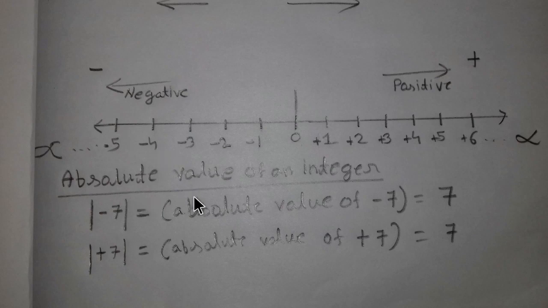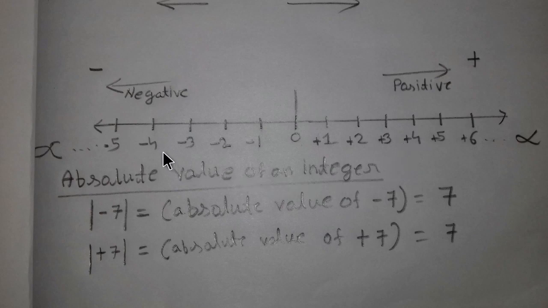Next comes the absolute value. Absolute value means a number, whether it is a signed number or not, it must have a value. That means you can see -4 on the negative side and +4 on the positive side.